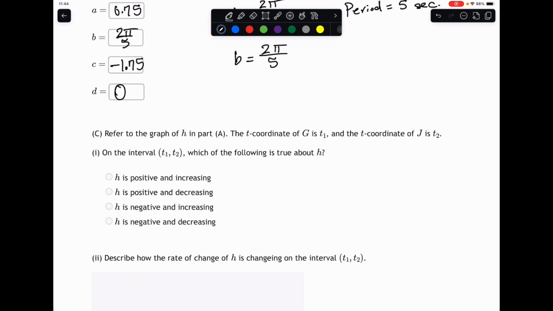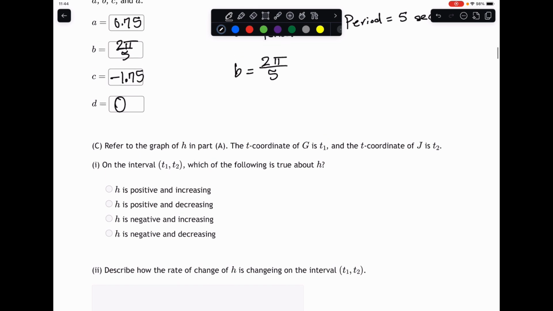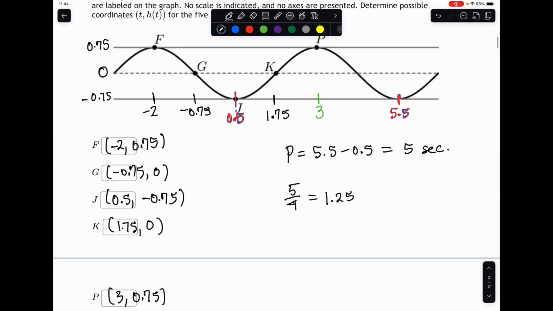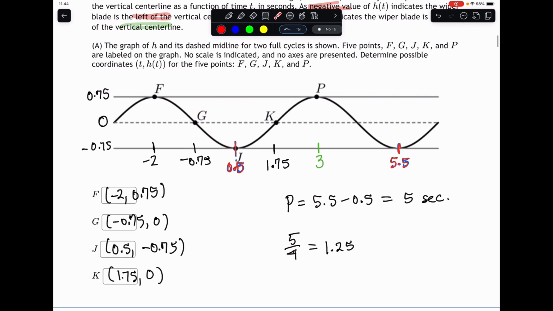Now for part C, it has 2 questions. Refer to the graph of H in part A. The t-coordinate of G is T1 and the t-coordinate of J is T2. On the interval from T1 to T2, which of the following is going to be true about H? So they're basically asking us, if we look at G to J, which of the following statements is going to be true? So G to J, okay, we are going downwards, so we're decreasing, and we start with the value of G being positive to the value of J being negative, so we're decreasing on the interval.